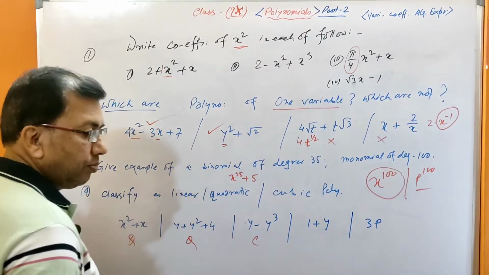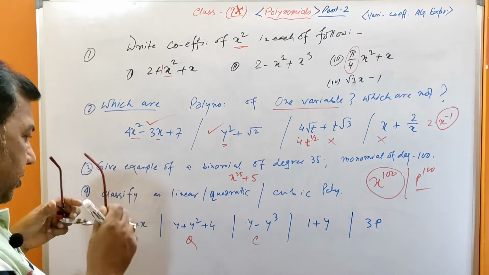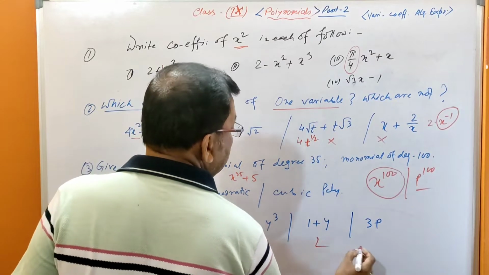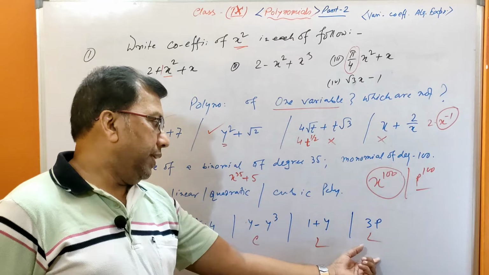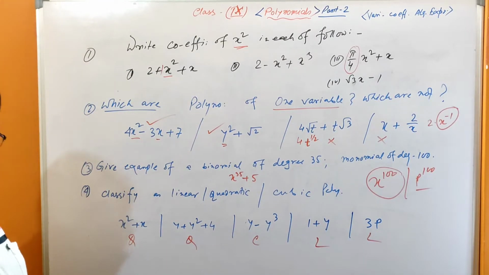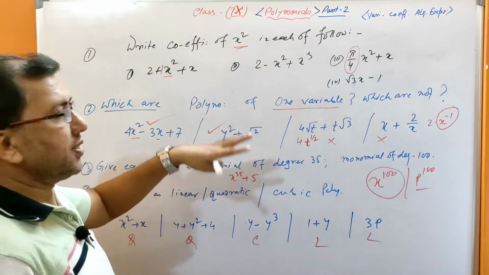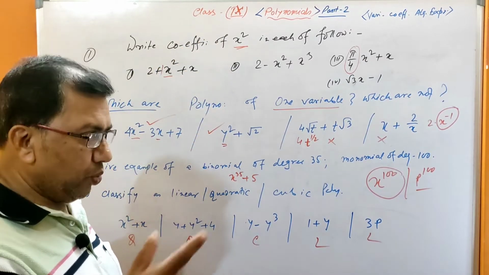And this is linear, quadratic, cubic. Yes, this is 1, that means linear. This is also linear. This is a monomial, it is a binomial, linear, cubic, quadratic. So this type of question, the preliminary questions, were discussed in yesterday's class. These are the examples, so do it.